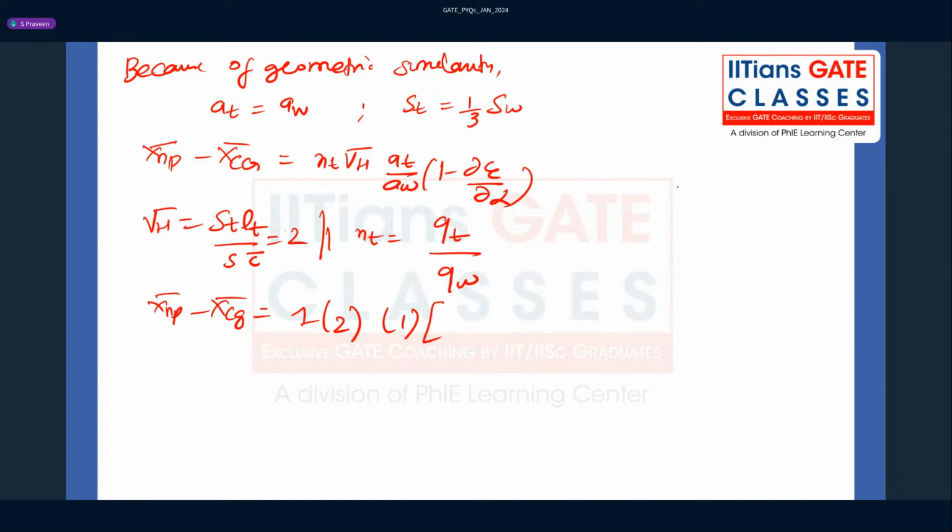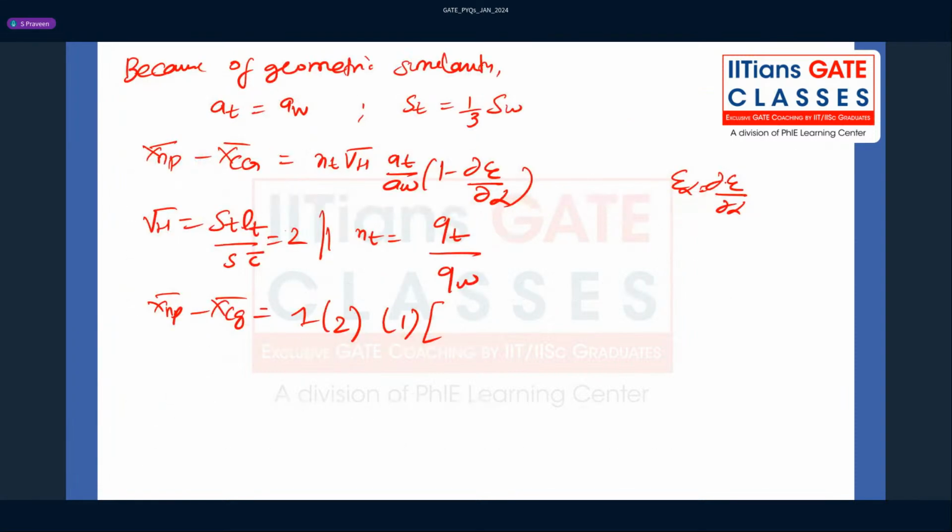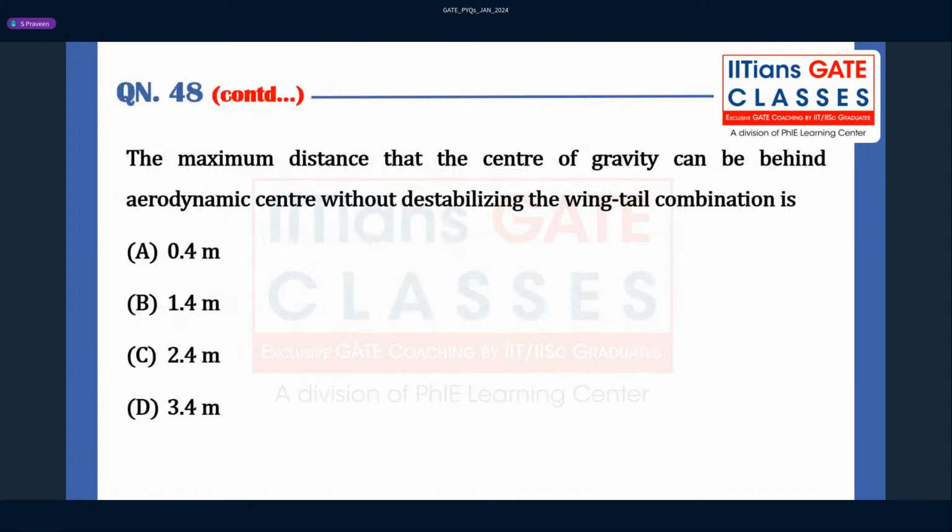What is epsilon alpha? Epsilon alpha is dou epsilon by dou alpha, that is given as 0.3. So 1 minus 0.3 will give you 0.7 into 2, which is 1.4. Hence the answer is 1.4 meter.